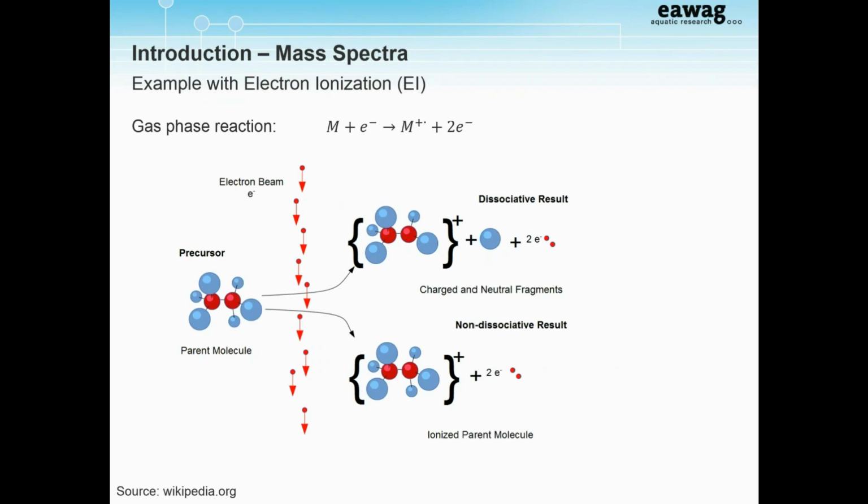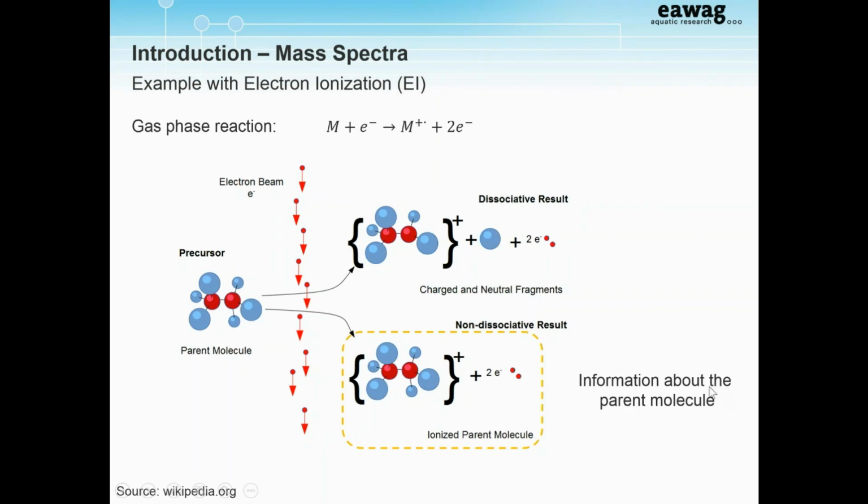Here is a very similar diagram, just with something that looks a little bit more like a molecule, and again an example with electron ionization mass spectrometry. This is a gas phase reaction. Your molecule, represented with M, is bombarded with an electron beam. A little bit counterintuitively, you're forming a positive ion with 2 electrons as a result. So in this electron beam, you'll at the bottom form what's called the ionized parent molecule.